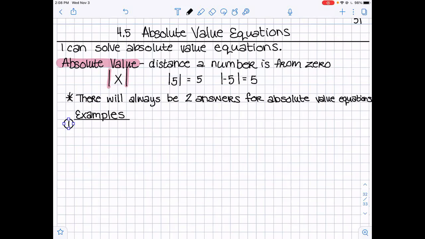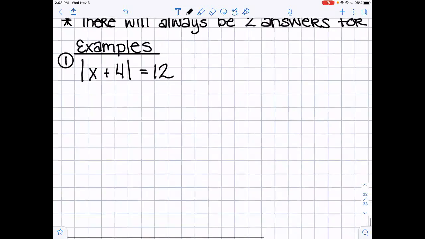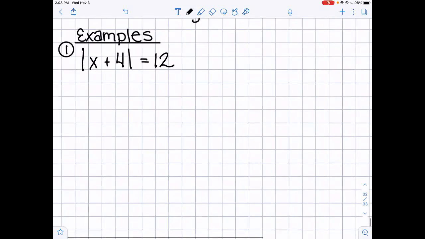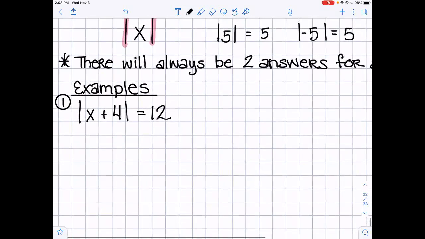Okay, so if I have the problem, the absolute value of x plus 4 is equal to 12. If I want to solve this, I just said both 5 and -5, the answer is 5, right?